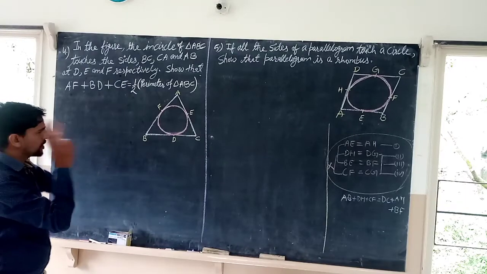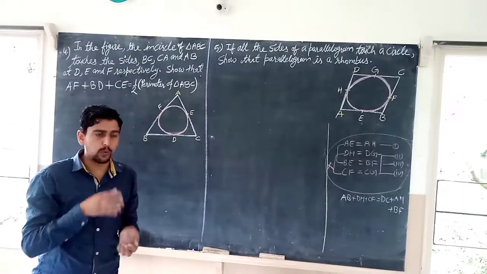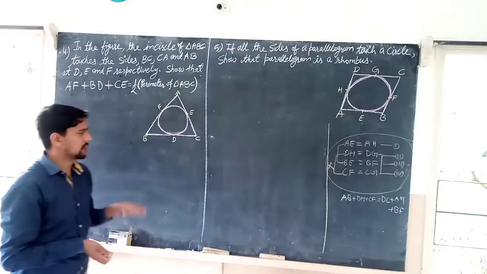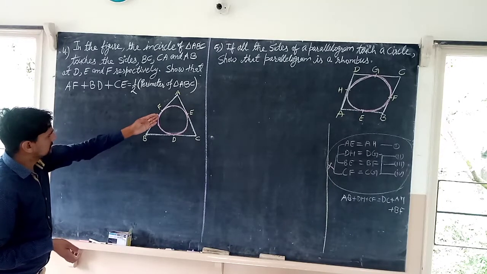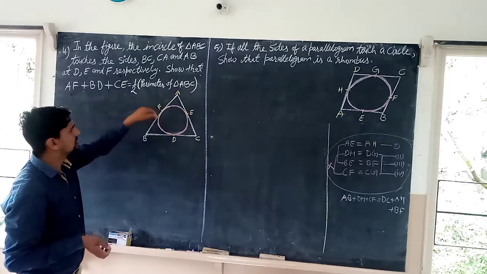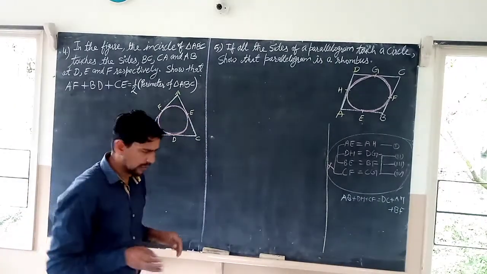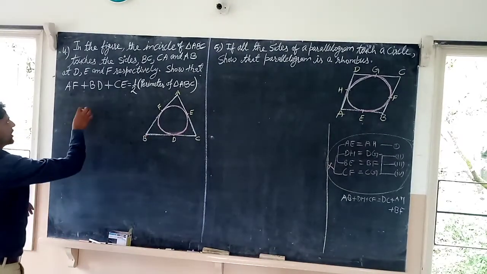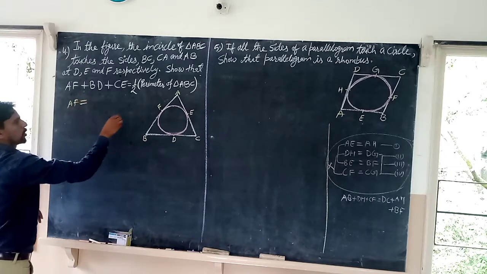So now you have to think what information is given to you and what you can take out from that information. First of all, let's just do it simply like this. As these are the touching points, DC and CE are tangents, and obviously I have to use tangents. So we'll quickly write down what I can find out. AF is equal to AE.